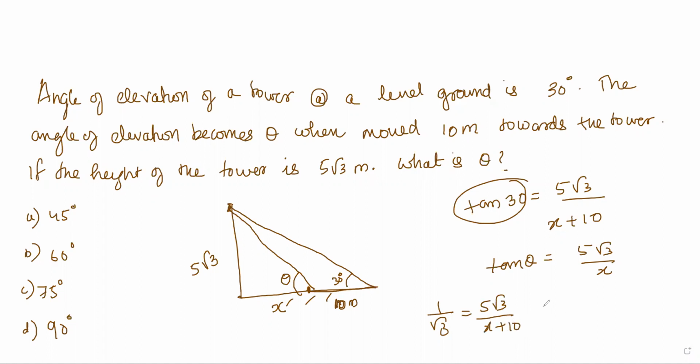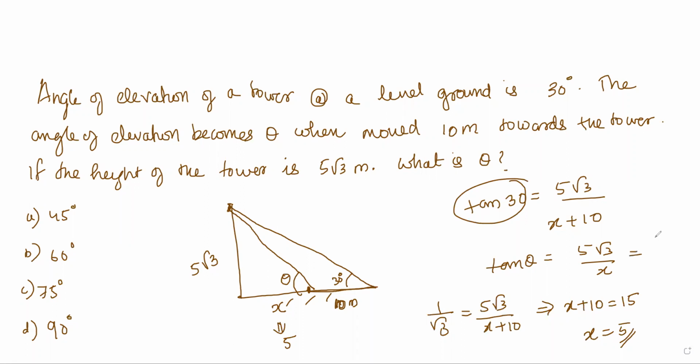If I cross multiply, I get x plus 10 is equal to 5 root 3 into root 3, that is 5 into 3, 15. So x is 15 minus 10, that is 5.